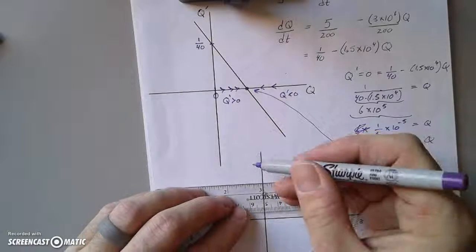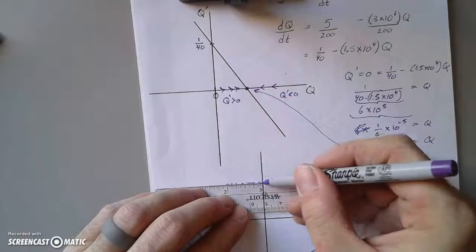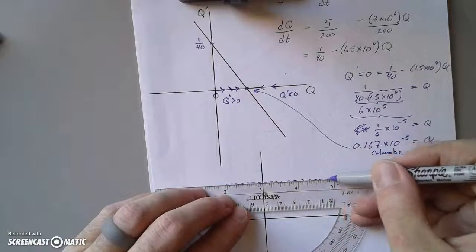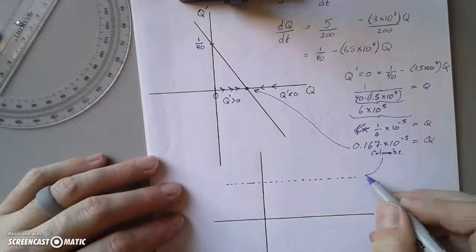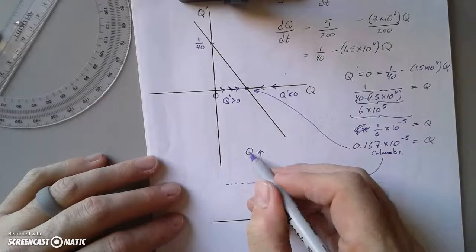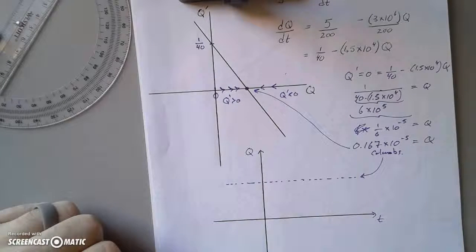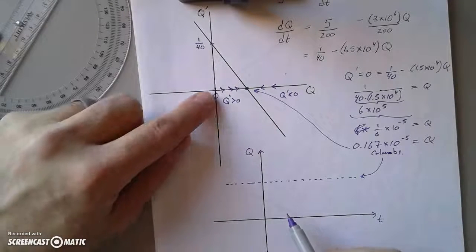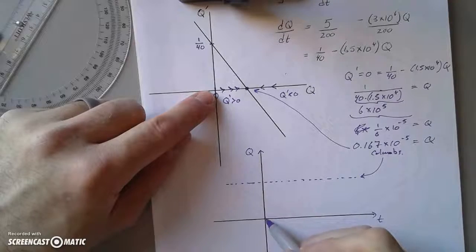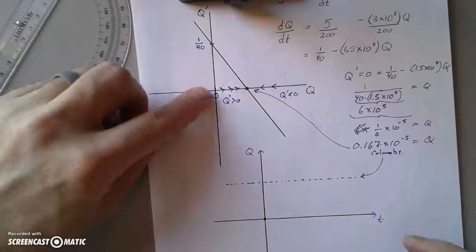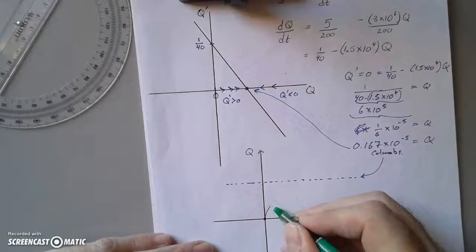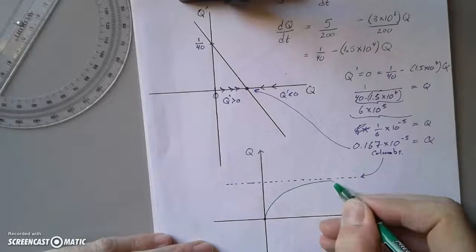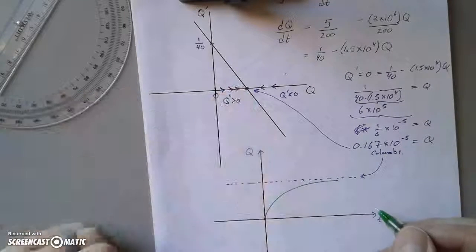Now your homework will have a bit more variety because the logistic equation is a bit more interesting. This is Q versus T now. If you were to start at 0, that would be the greatest rate of change that you would have. You might have some really steep change, but it levels off as it approaches the equilibrium.